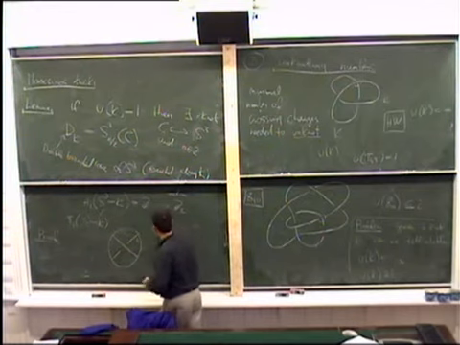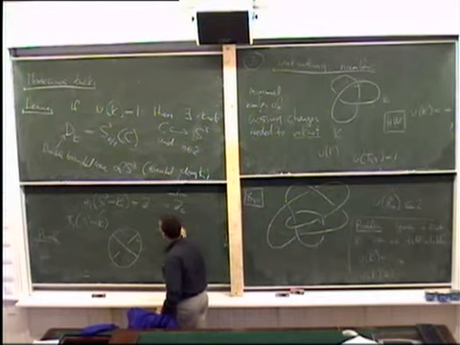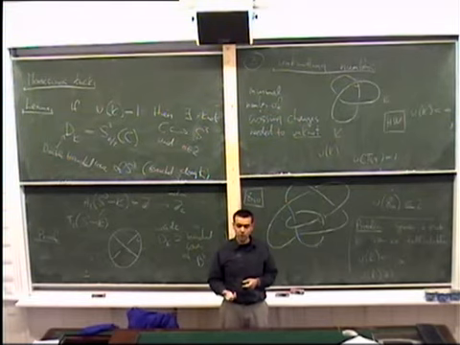So look at inside D of K, there is the branch cover of B3, branched along these 2 arcs. The boundary of that would be a branch double cover of the sphere, branched along 4 points. So the boundary of that is a torus.